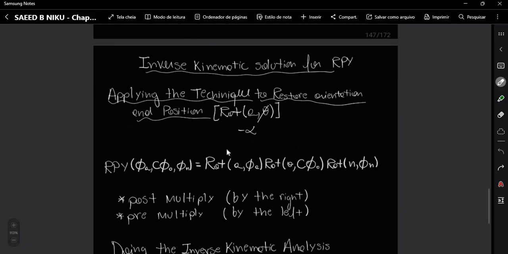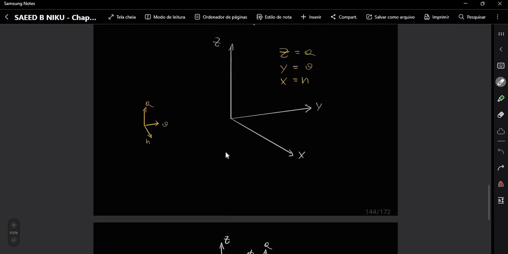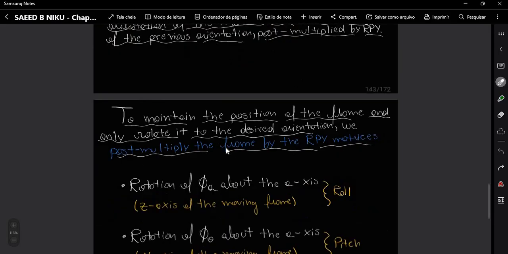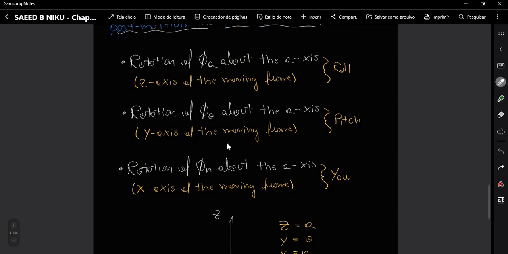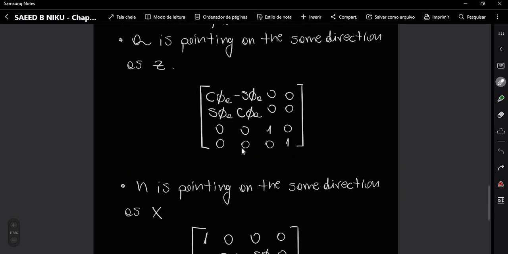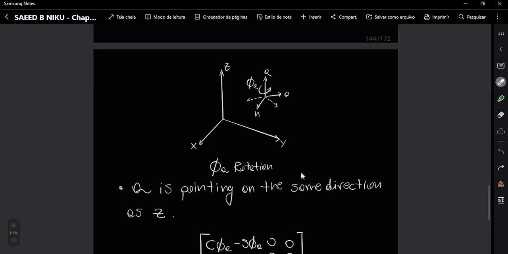First of all, at the beginning of this topic, in which we are talking about the angles of roll, pitch and yaw, remember that to construct these characteristic matrices, we need to see in which direction the axes of these angles are pointing in this other system.